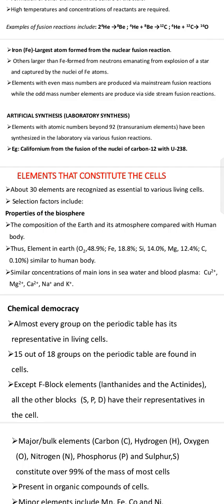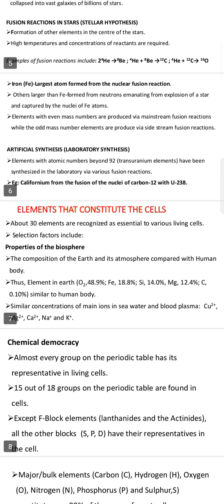So the mainstream reaction is the type of reaction which is widely accepted. Concerning mainstream reactions, most of the elements with even mass numbers are produced from the mainstream reaction. So you can search more about the mainstream fusion reaction.